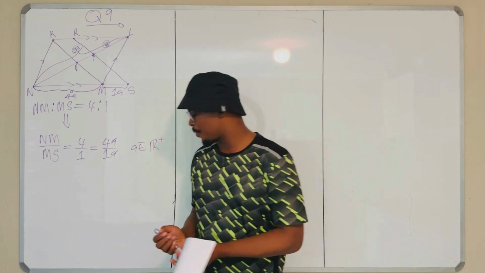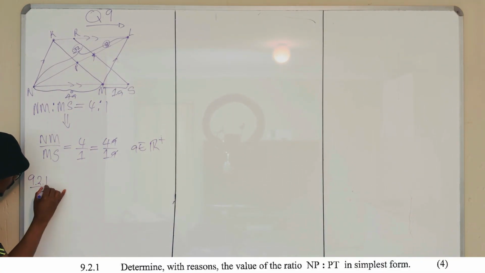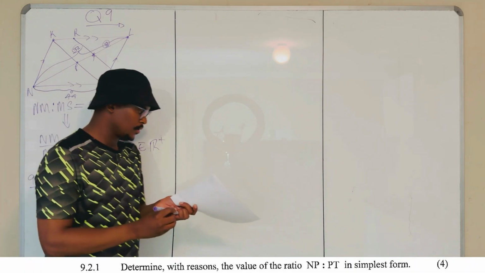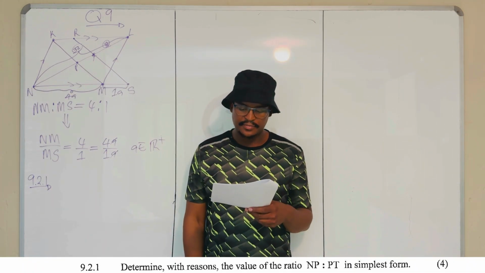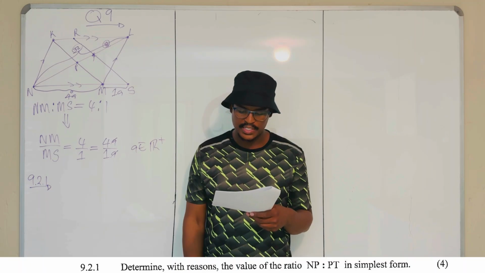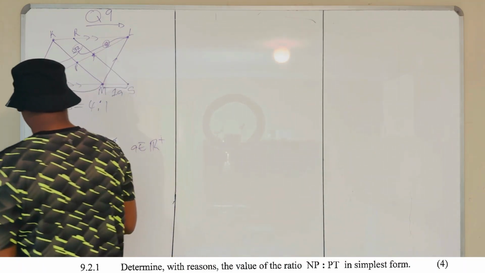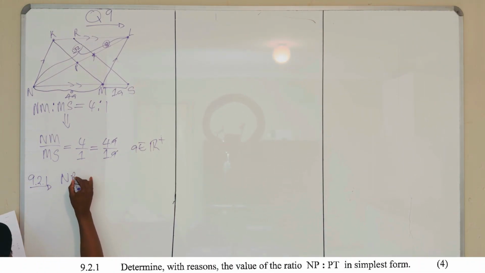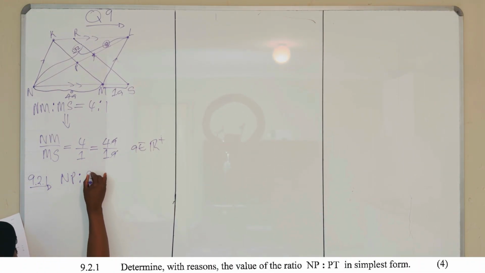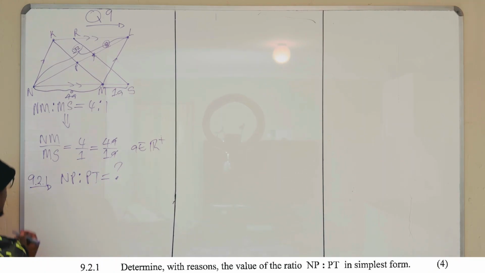So at 9.2.1, what are they saying? They're saying determine, with reasons, the value of the ratio of NP to PT in its simplest form. So they want you to find the ratio of NP to PT. Where is NP?